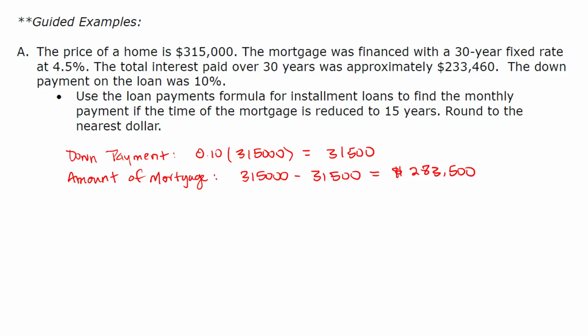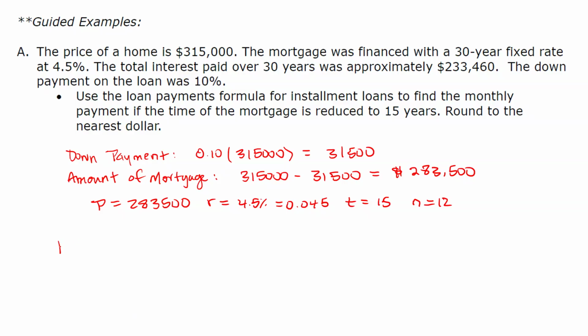That is going to be our P, the loan amount that we're going to take out. So P is 283,500. R is 4.5%, or 0.045. T is going to be 15 years, and we make mortgage payments monthly.